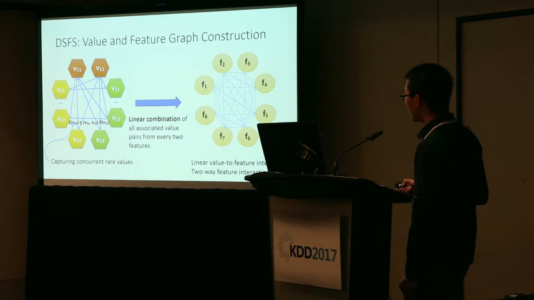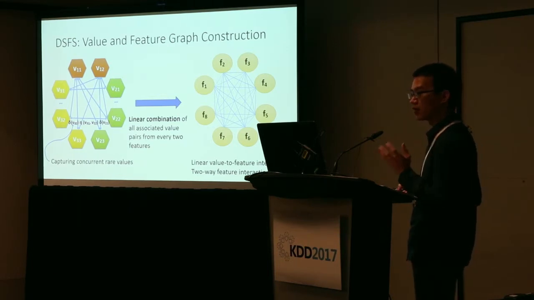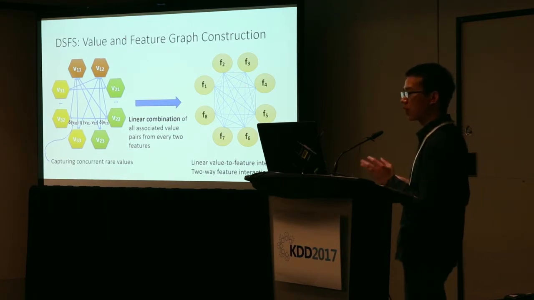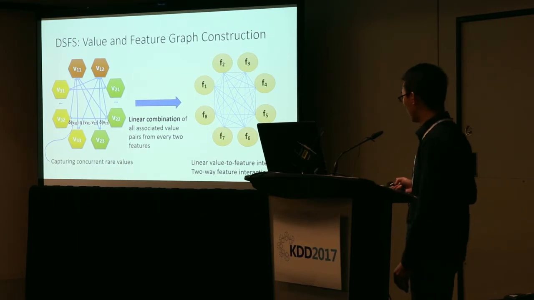In the value graph, the edge weights already indicate the outlyingness, and we sum them together for each pair of features in the feature graph. The edge weights here also indicate the outlyingness of these two features, or in other words, the relevance of these two features to the outlier detection task.